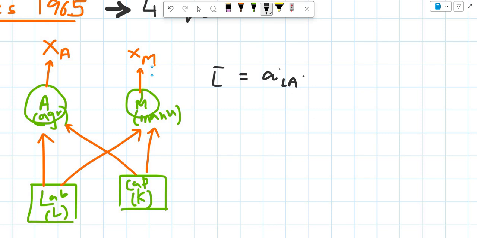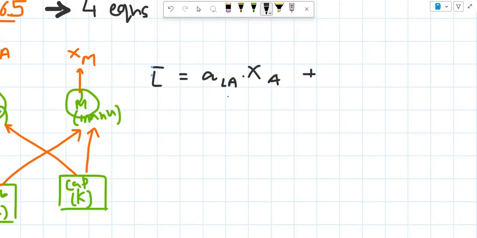If ALA is the amount of labor required by the agricultural sector for one output, then given that the economy produces XA, you will need ALA times XA amount of labor.